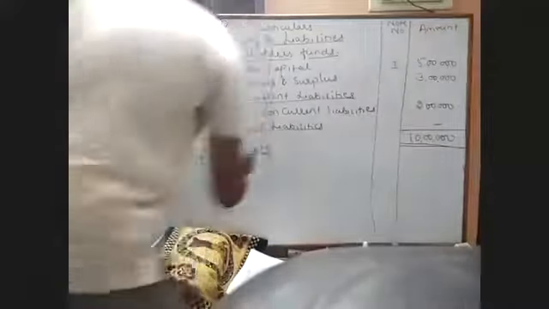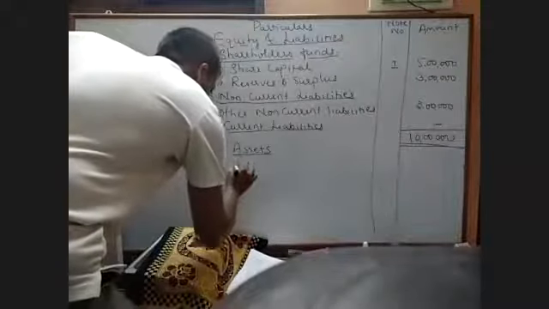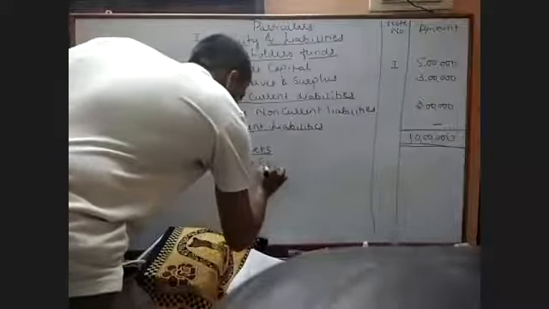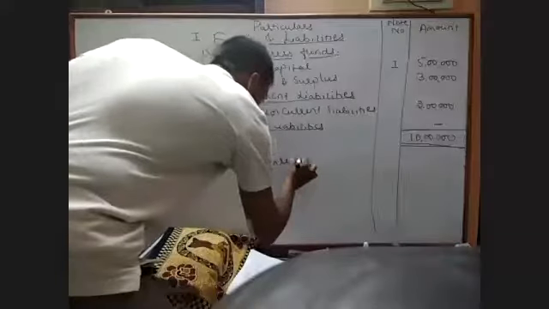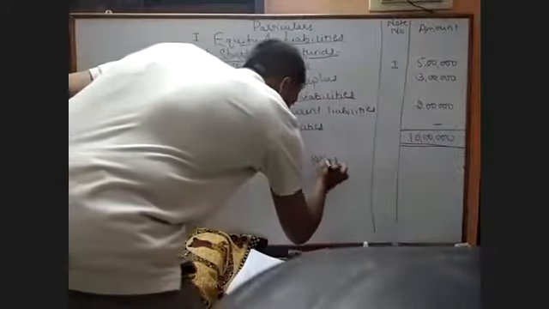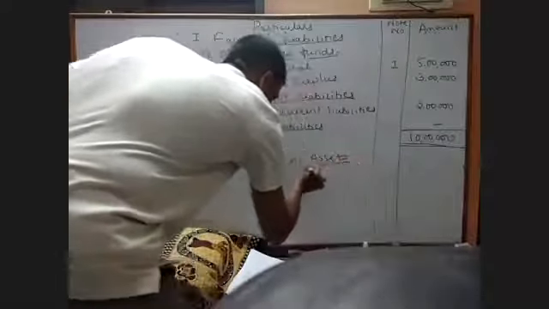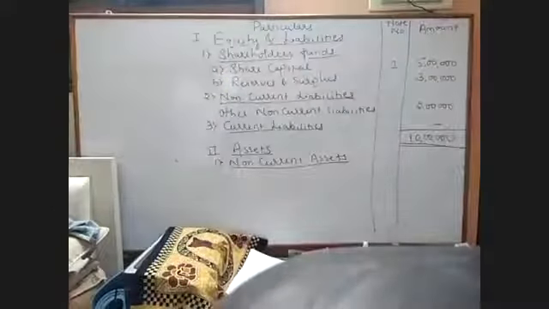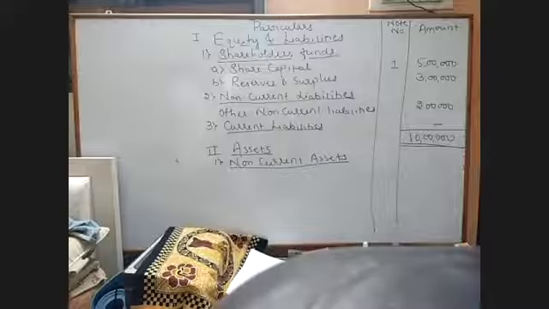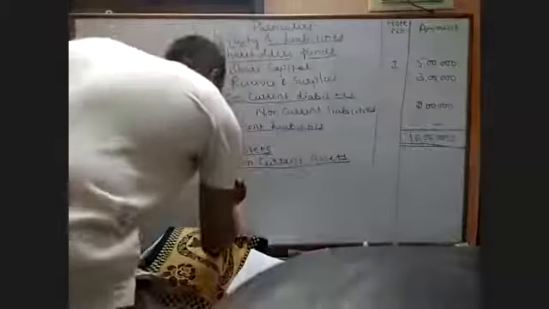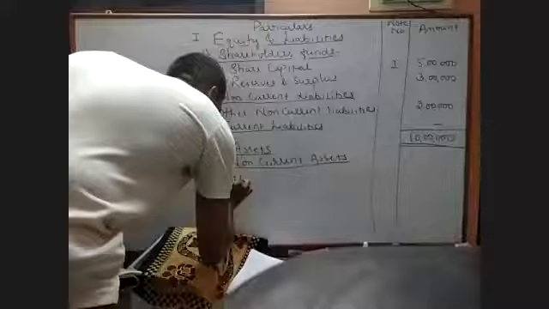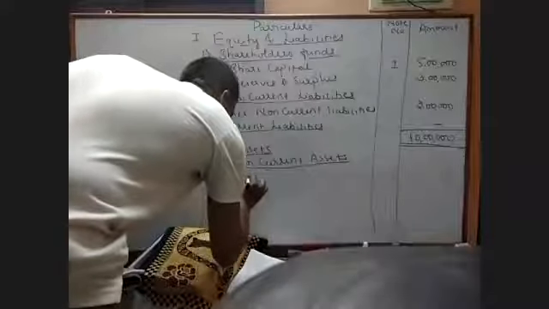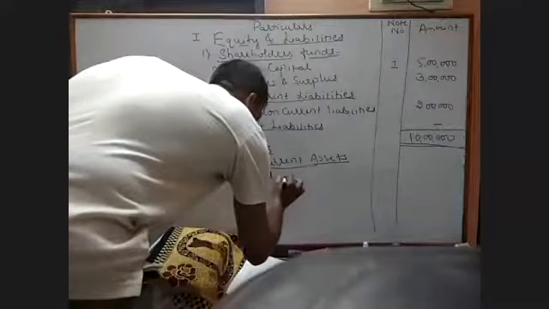And in that asset, number 1 is non-current assets. And in that, we have A, that is fixed assets.